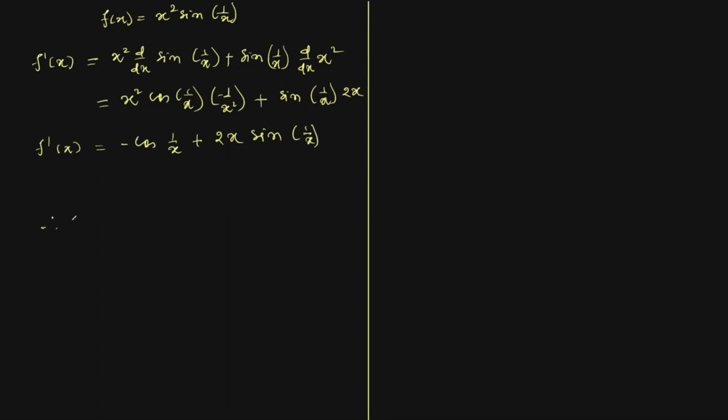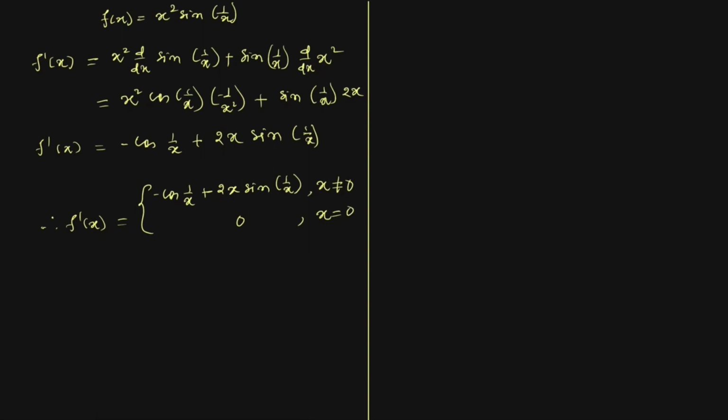Therefore, f dash x we are able to write as minus cos 1 by x plus 2x sine 1 by x when x not equal to 0, and f dash x equal to 0 when x equal to 0.